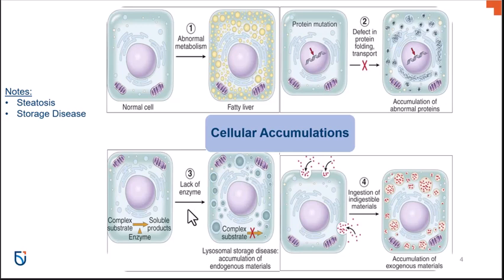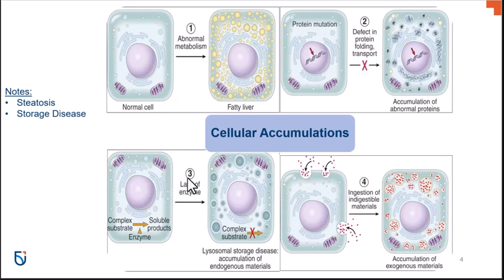Now onto this third example. We know, and this is representing a normal cell, that enzymes are needed to break a complex product into its smaller soluble products. That's part of normal metabolic processes. But what happens if that enzyme is missing? As I mentioned on the previous slide, when there's an enzyme issue, a lot of times it's a vital lysosomal enzyme.